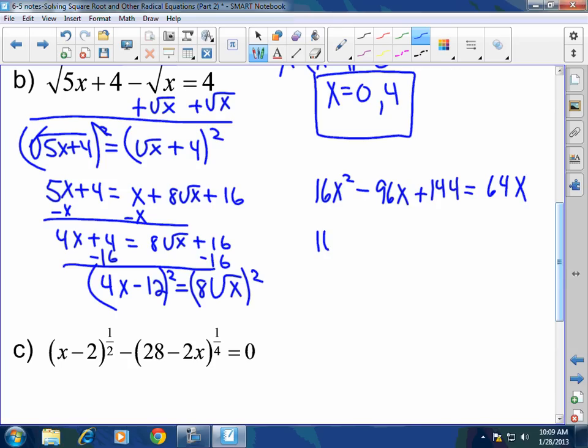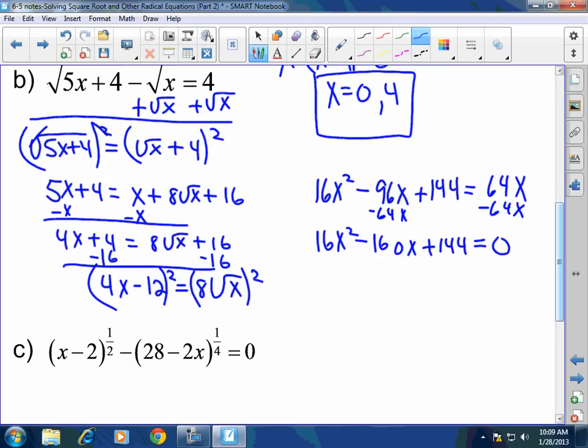Okay, so I've got 16x squared. I'm going to subtract 64x from both sides, giving me x, 0, 1. So that's 160 plus 144 equals 0. Okay? Give you guys a second to absorb that.